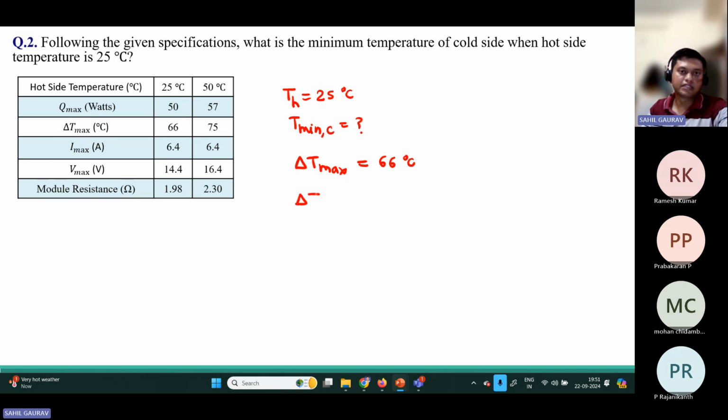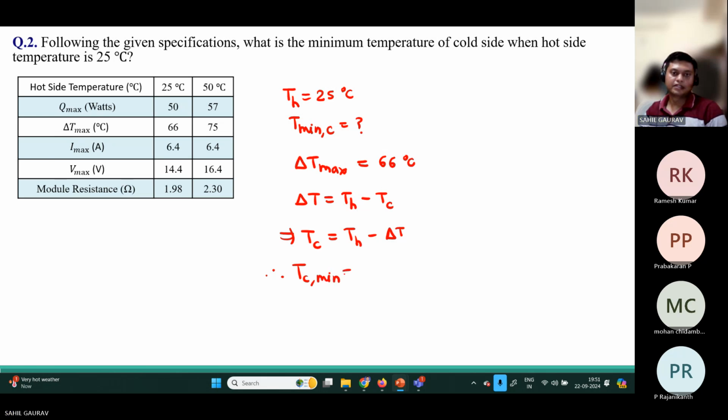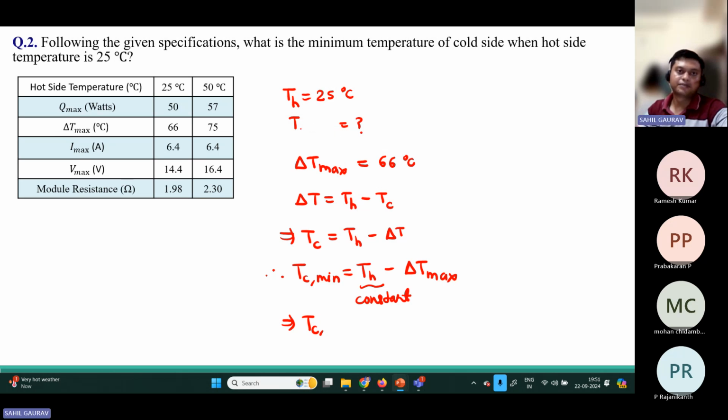We know that delta T equals Th minus Tc, and therefore Tc equals Th minus delta T. Therefore, for Tc minimum, Th is constant, so we have to take delta T max.